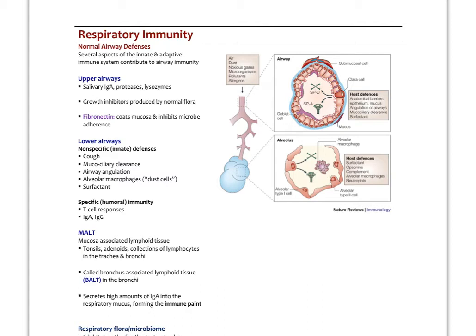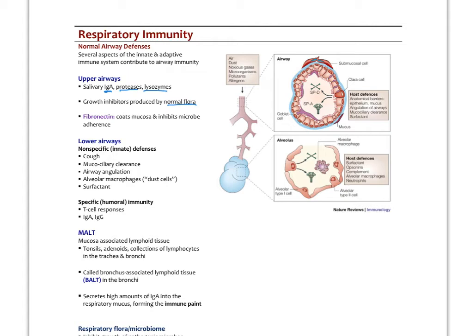So in the upper airways, we have salivary IgA that gets washed into the pharynx. Remember, IgA is a surface antibody. We have proteases, lysosomes. There are growth inhibitors produced by normal flora. Fibronectin coats the mucosa and further inhibits microbe adherence.